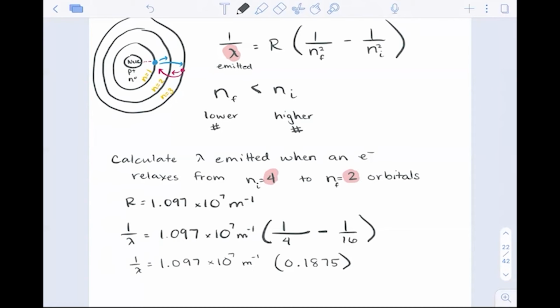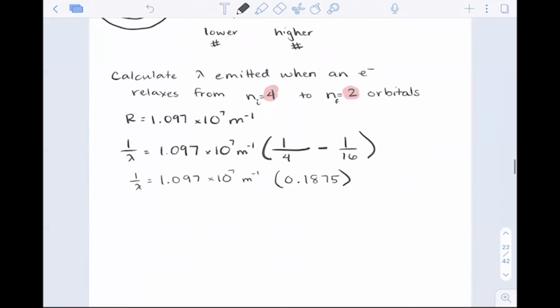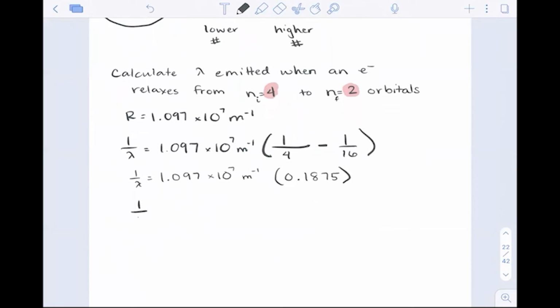We don't have anything in terms of units for the orbitals. So this is one time when the n value there is just going to be a whole number. 1 over lambda is 2.06 times 10 to the 6 meters to the minus 1.